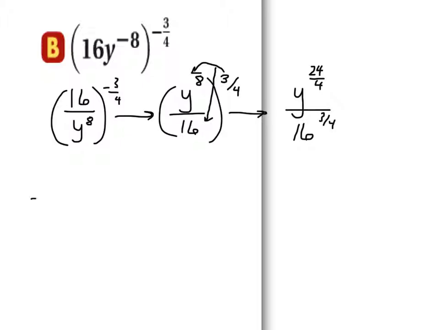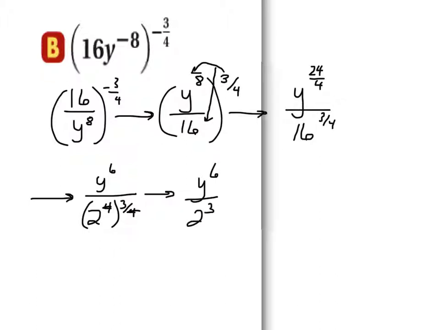Again, you'll notice 16 can be broken down. 16 is 2 to the 4th power, to the 3/4. 24 divided by 4 is 6, so this is really y to the 6th on the top. And you'll notice these 4s are going to cancel, so this is really y to the 6th over 2 to the 3rd, and 2 to the 3rd is 8. And this is your final answer.